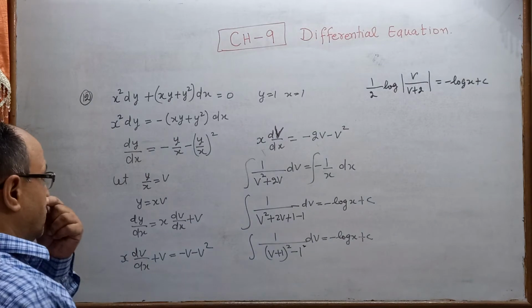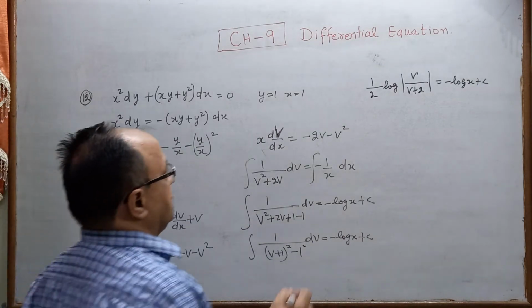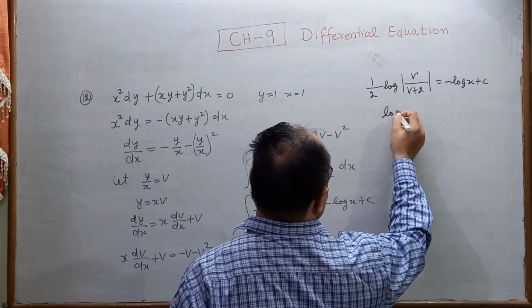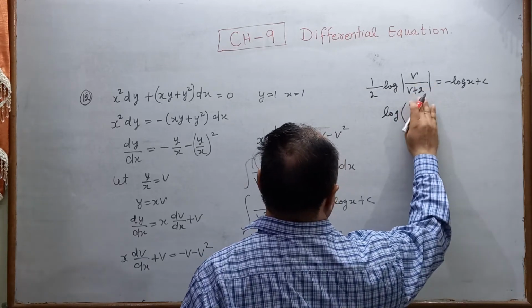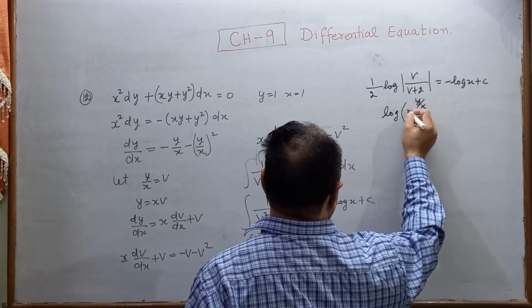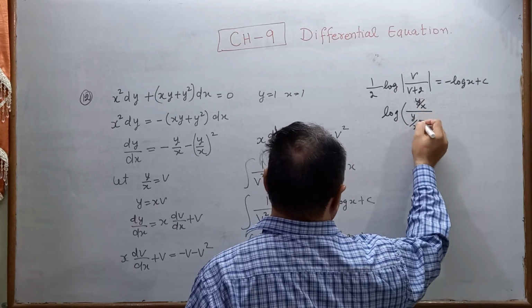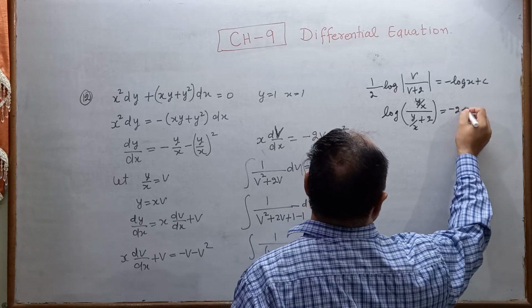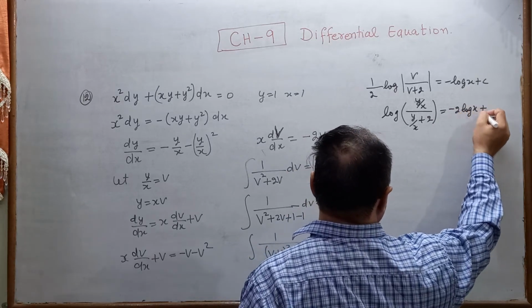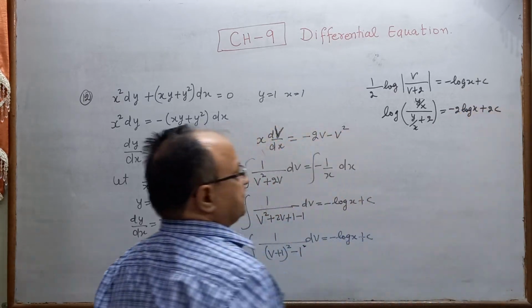Now multiplying by 2 both sides. Put the value of v, y by x. That is, log of y by x upon y by x plus 2 is equal to minus 2 log x plus 2c. Right?